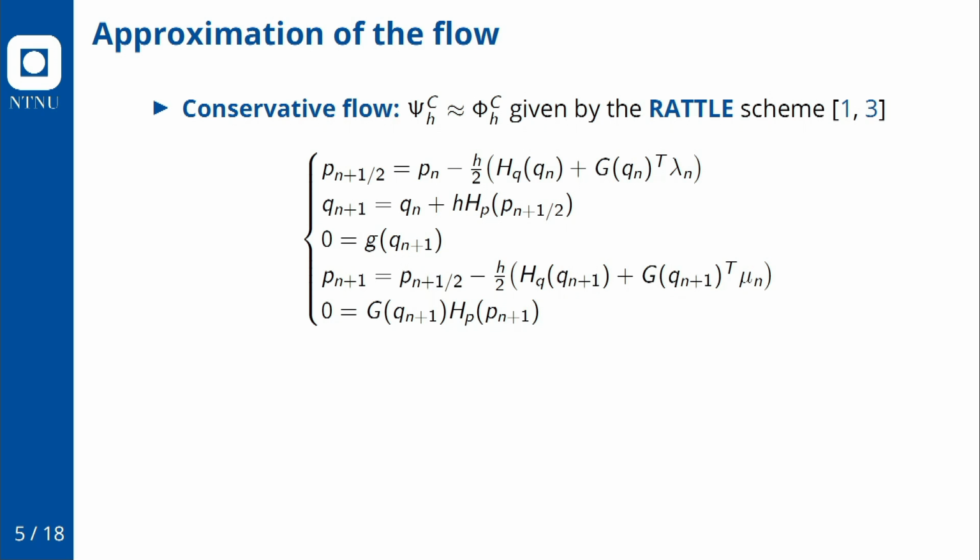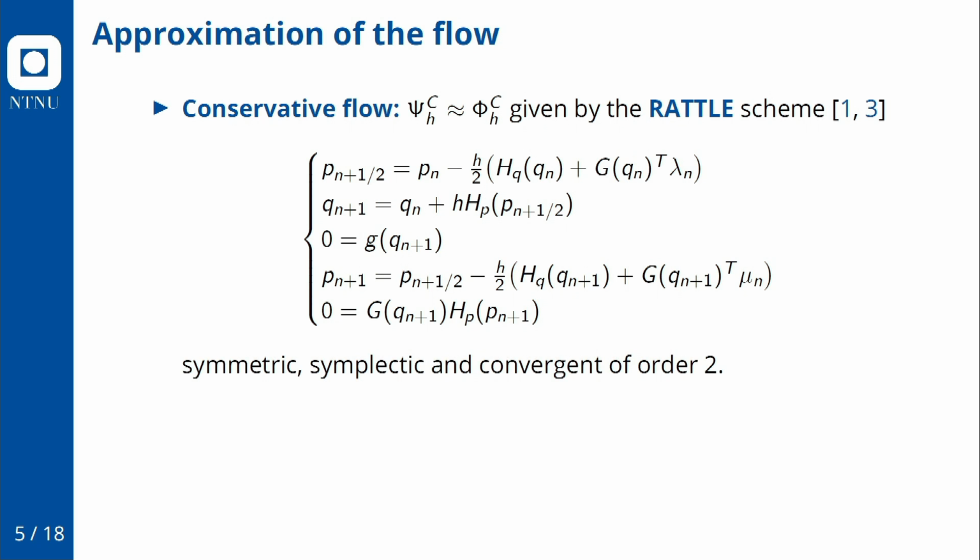For the conservative flow, we approximate it with the RATTLE scheme, which is the one you see in the system. With the first 3 lines, we compute the next position and the next momentum, and the next position q, thanks to the third equation, already stays on the manifold M. But p is not in the tangent space of the point we reach, so we need to add a projection of it onto the tangent space, which are the last 2 lines.